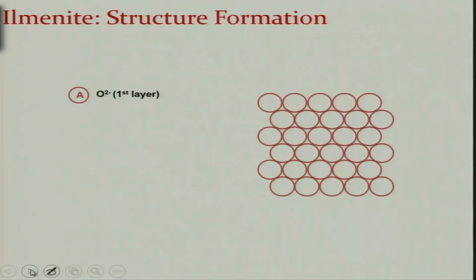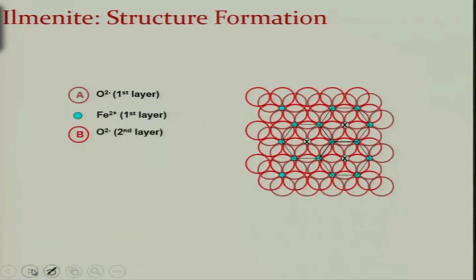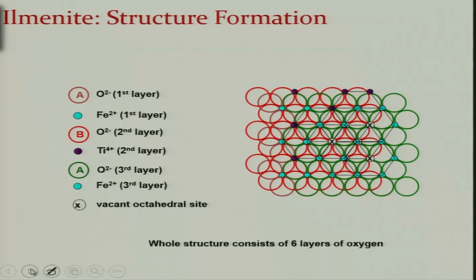The way this structure goes is you have the first layer of oxygen, the second layer of iron, in the same fashion as aluminum, and again you put in the second layer of oxygen. Now you put the second layer, which is of titanium. Then you put again a second layer of iron, oxygen, and you keep continuing this a few more times.